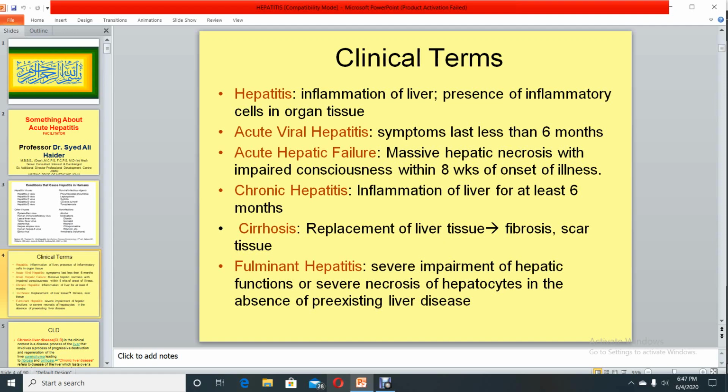Cirrhosis is a specific terminology. Most of it is related to fibrosis. But hepatic fibrosis is another terminology, where only fibrosis occurs. Cirrhosis is the condition in which 4 things are necessary. Number 1, the evidence of inflammation. Number 2, the evidence of necrosis.